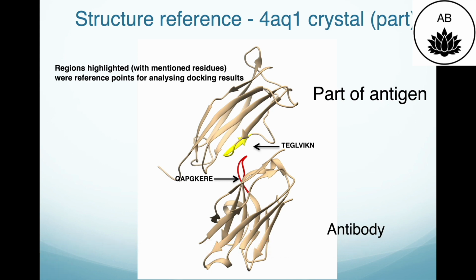Notice I colored only those regions that are interacting with each other because that is of relevance to us, the antigenic face and the CDR of the antibody coming together. This is my reference. The amino acid residues I colored are clearly mentioned. So I was checking my docking results to see if these are the residue stretches that are coming close to each other in the same orientation as you see in the crystal structure.